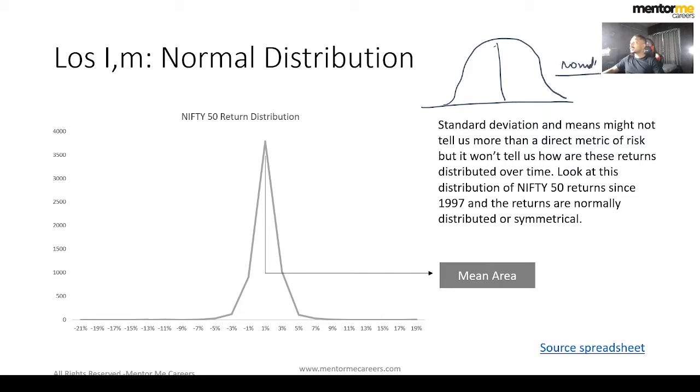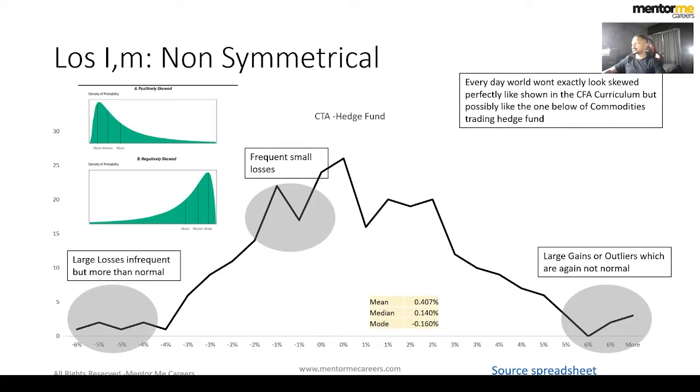So stock market returns do follow a normal distribution, though they're not perfectly normal, not exactly like a bell curve, but yes, they appear to be more symmetrical in terms of their shape.